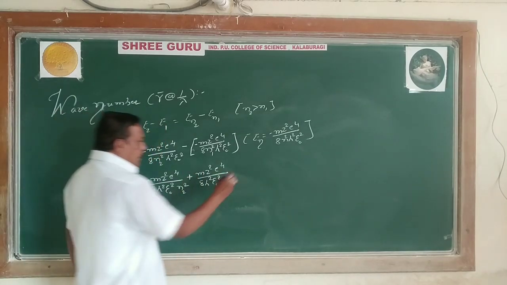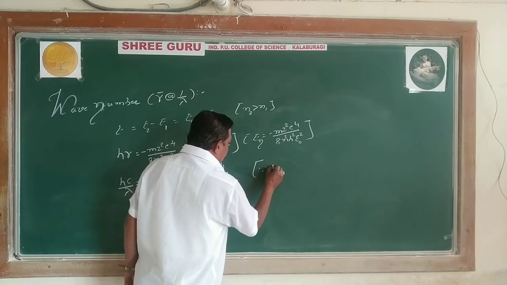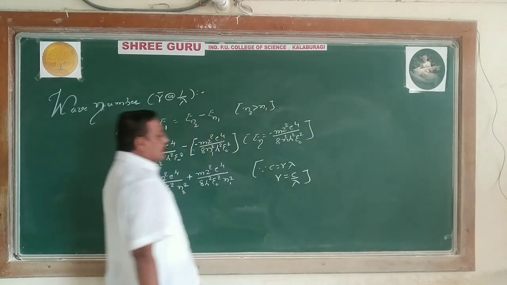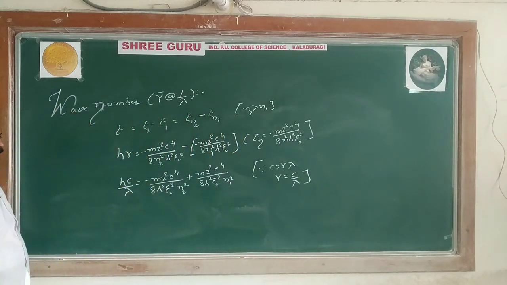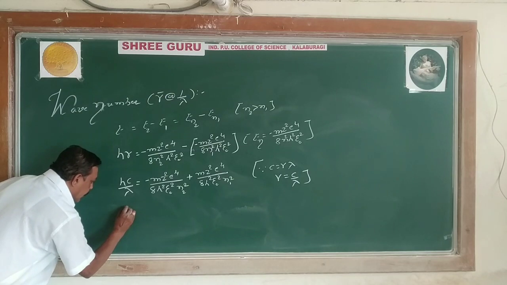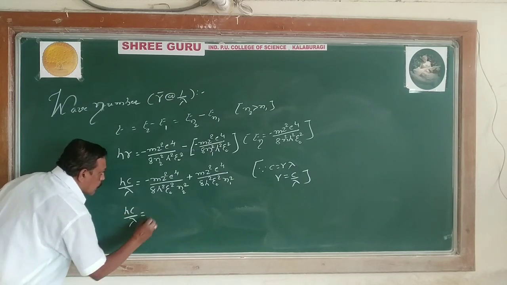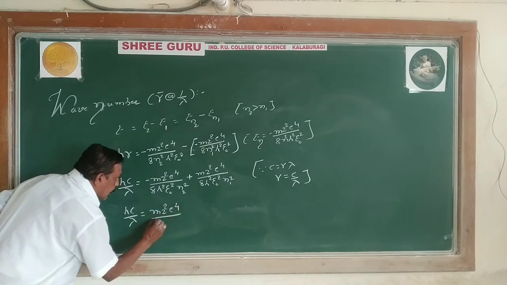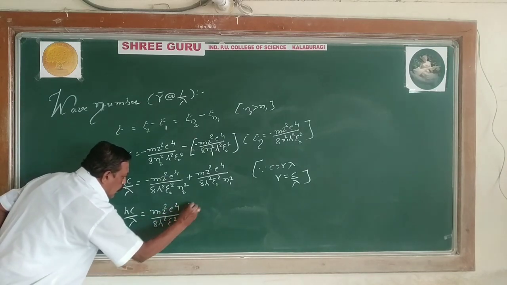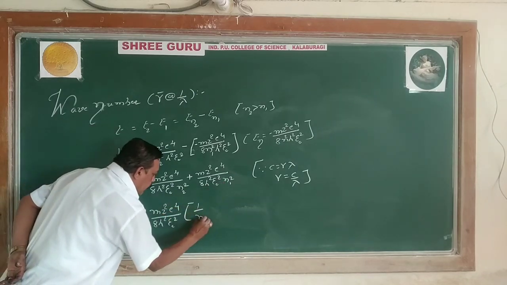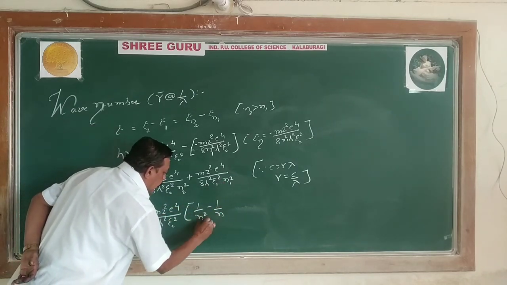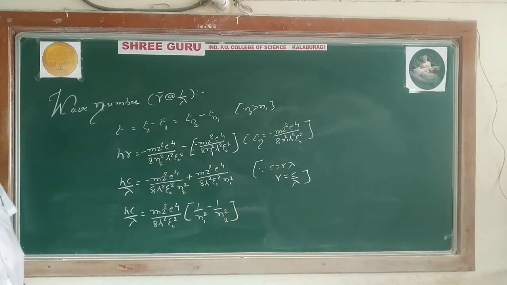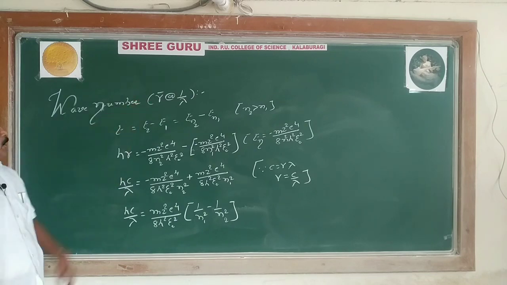Because here we use c equals to nu lambda, nu equals to c by lambda. Whatever we use, keep it aside; let me write the positive term first. c by lambda is equals to m Z square e fourth by 8 h square epsilon naught square, 1 by n1 square positive first, minus 1 by n2 square. Right? I need 1 by lambda, that gives wave number.